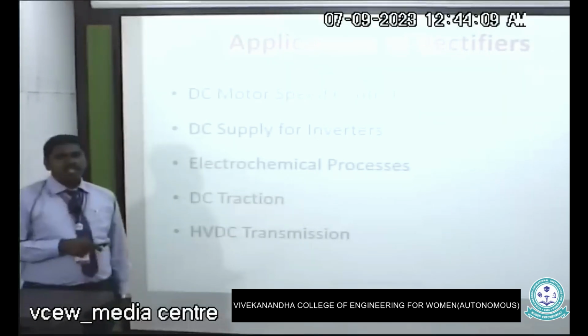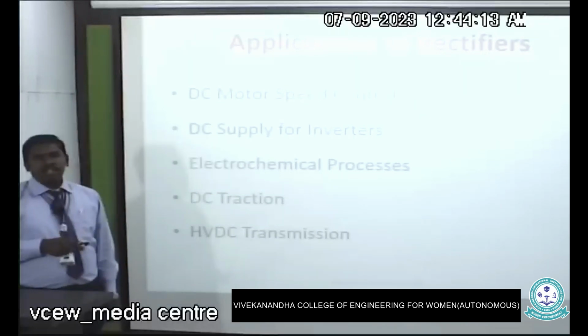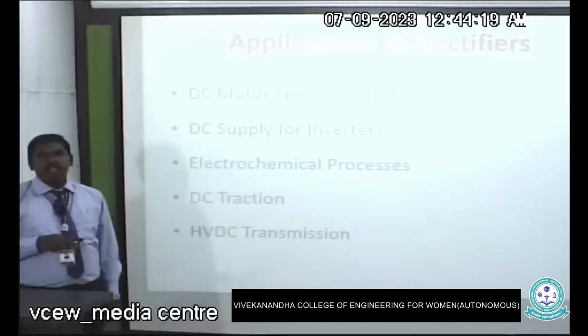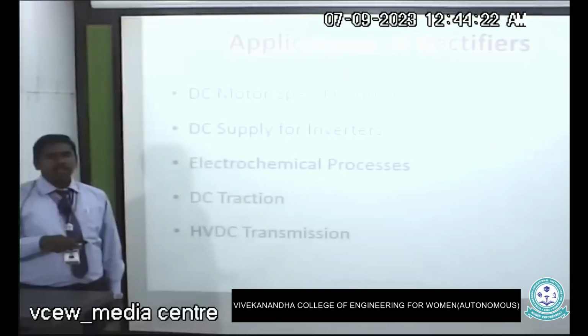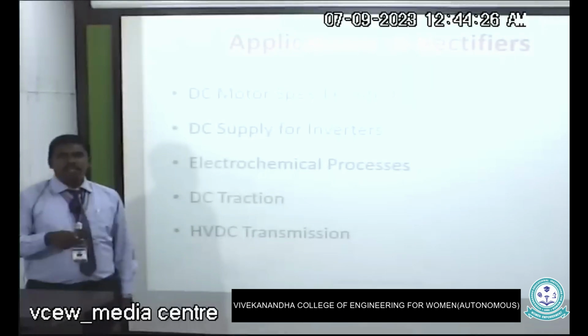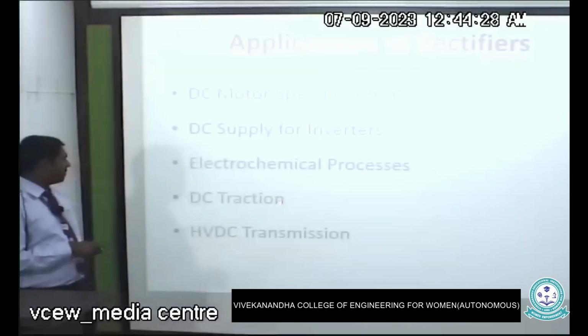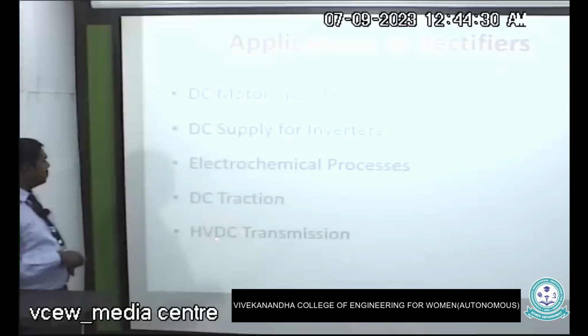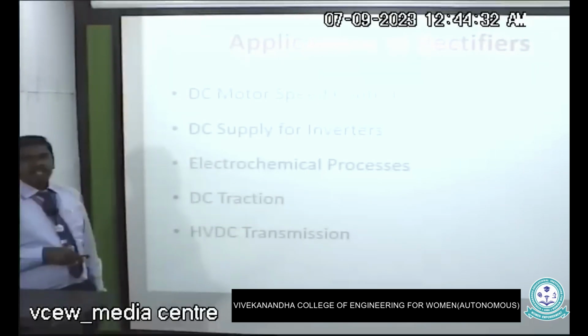Earlier we used AC transmission, but now we are moving on to DC transmission, that is, high voltage direct current transmission. For that purpose we need to convert the AC supply to a DC supply, so such systems can use it for HVDC transmission.